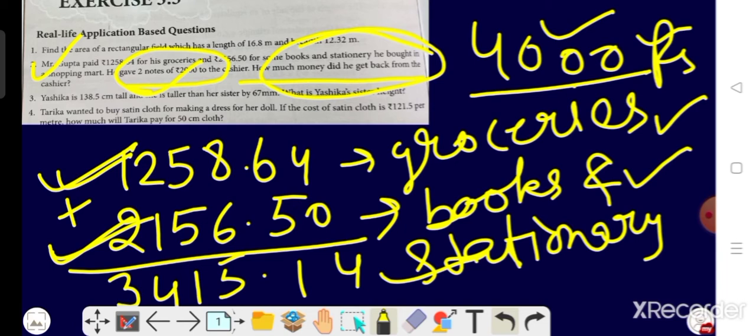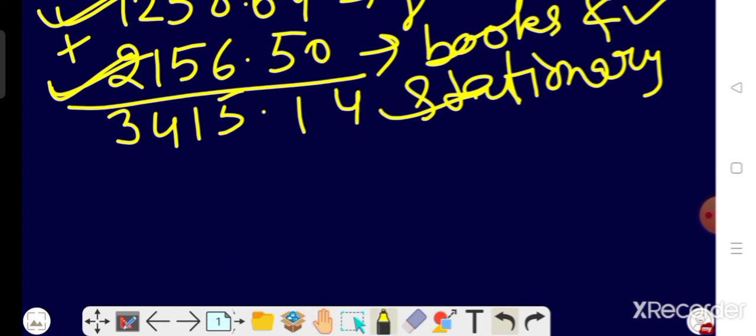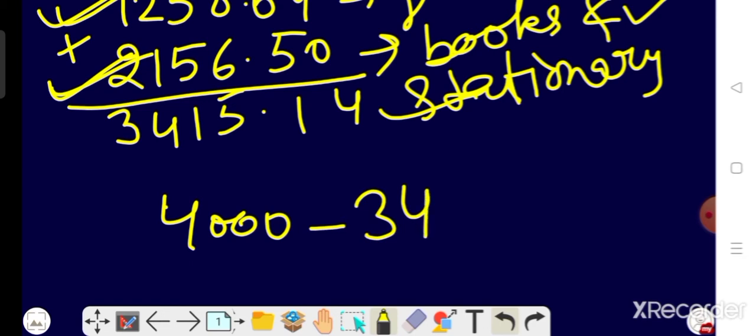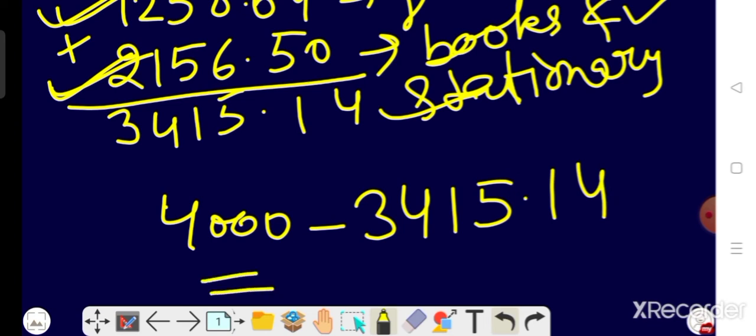So the amount that he gets back is equal to 4000 minus 3415.14, and this is equal to 584.86 rupees.